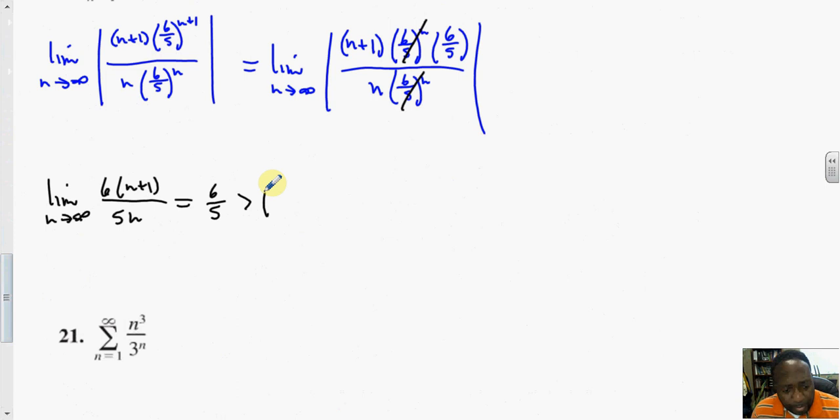So that means, based on the ratio test, that this series diverges. The ratio test says that the limit has to be less than 1 for convergence. If greater than 1 or infinity, then we get divergence.